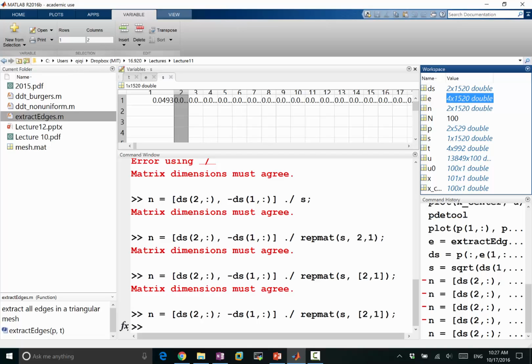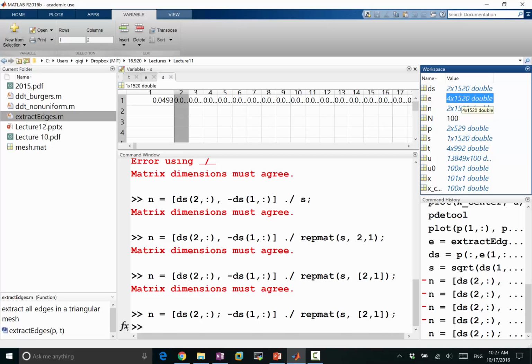Every triangle is shared by 3 edges, and every edge is shared by either 1 or 2 triangles, depending on whether that edge lies on the boundary or in the interior. So there is an inequality constraining the number of edges and triangles, but I don't see any constraints between the number of points and edges.